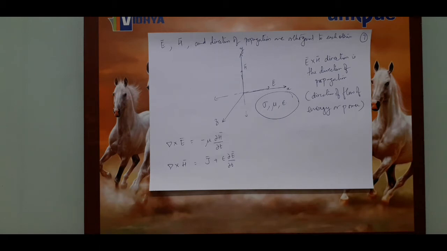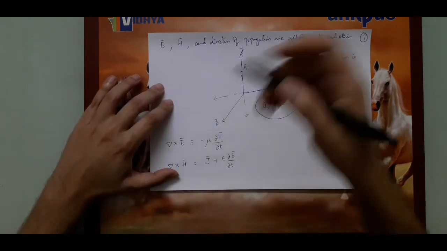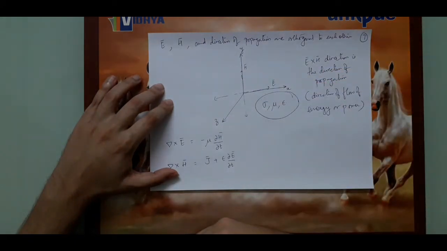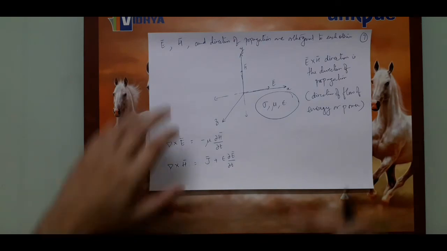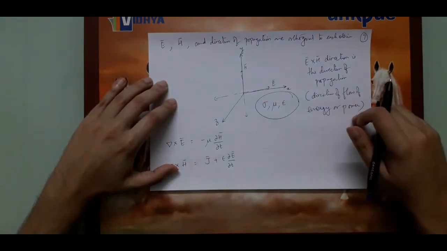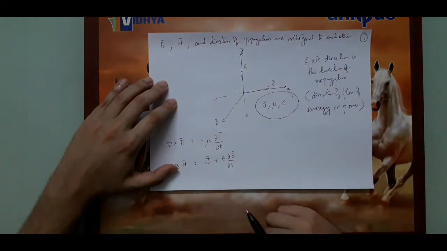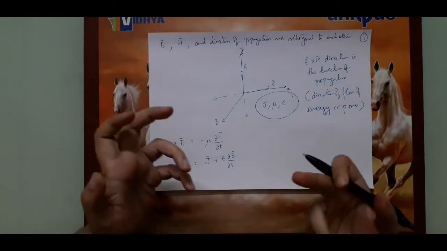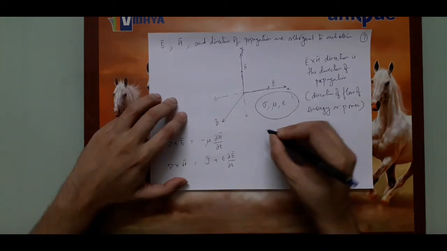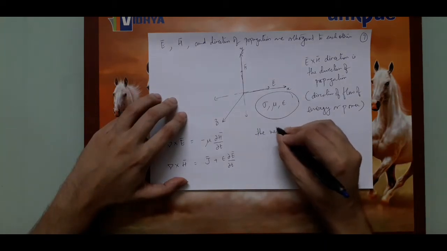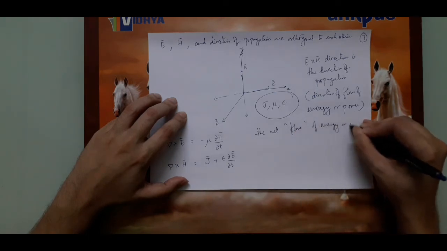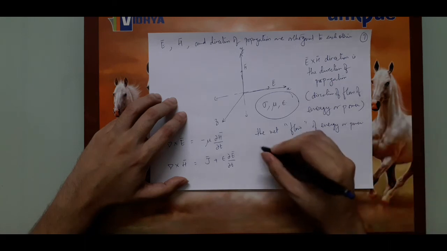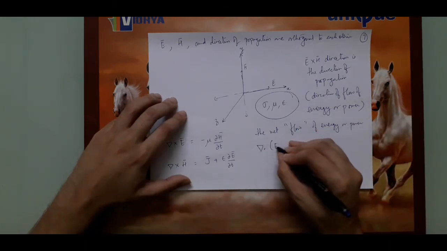So since the E cross H is a vector on this side, I would like to know how much is the outward flow, or since I'm talking about flow of energy or power, I would like to know what is the flow of this vector. So the moment we talk of flow, we talk of the quantity called divergence. So if I say that the net flow of energy or power, so I can take the divergence of the E cross H vector.